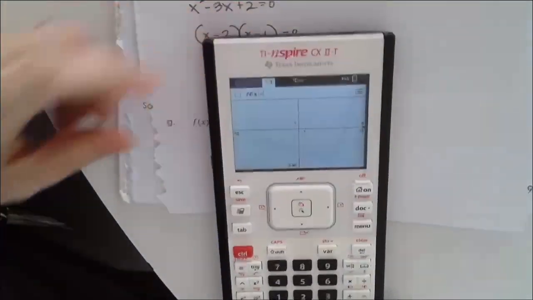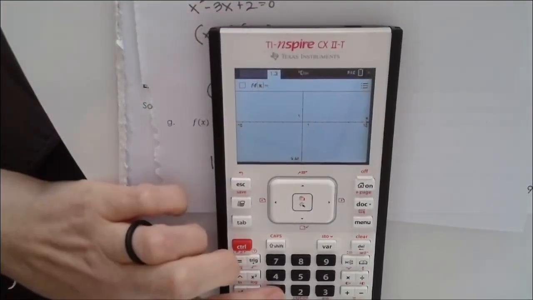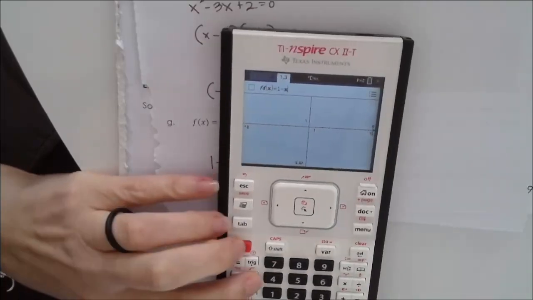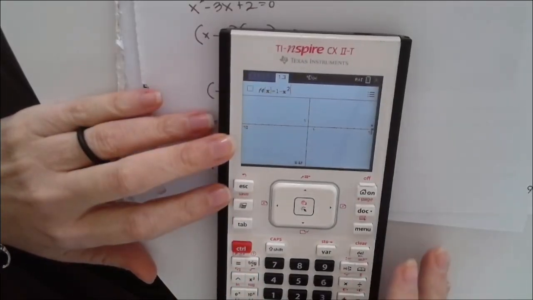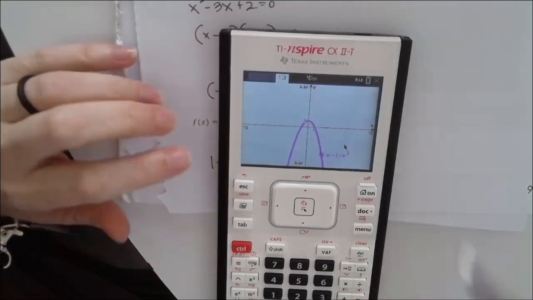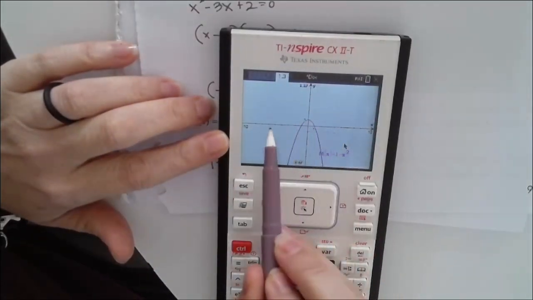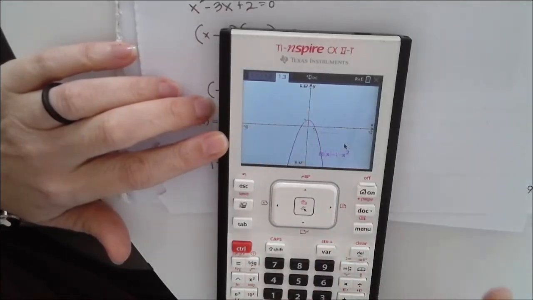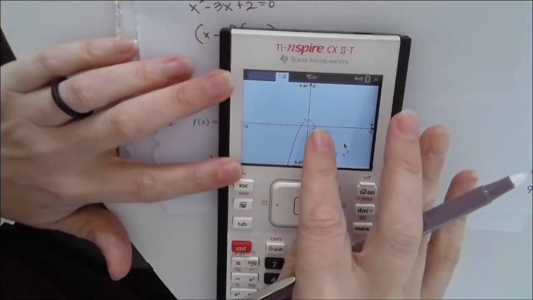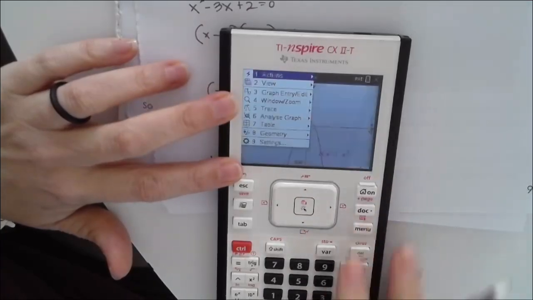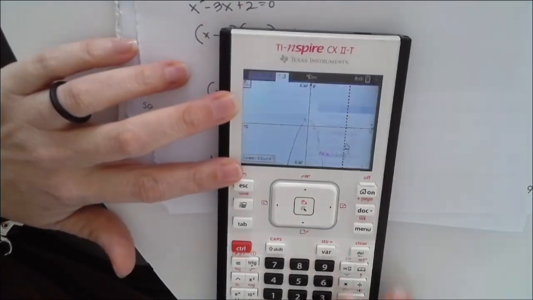So we're going to go back to our graph. And we're going to add a new one of 1 minus the x squared, and we're going to look at that. I want this to be greater than 0, so that means that everything right here and above are what I'm looking at. So those x-intercepts are what I want to find out. So we go menu, analyze graph, and we're going to find our zeros.